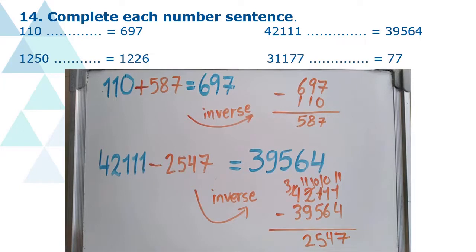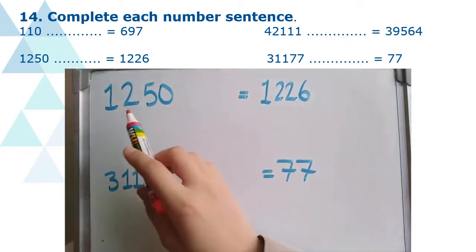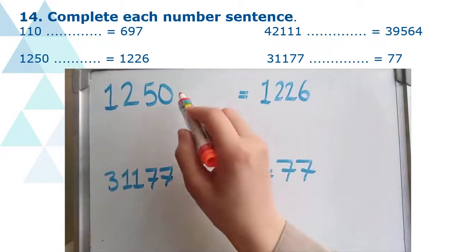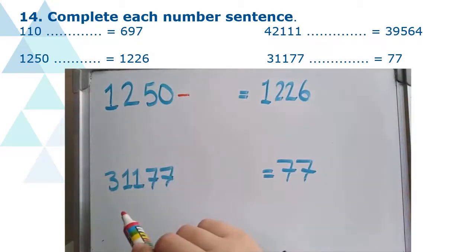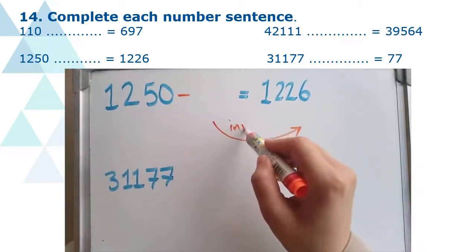Okay, now let's move on to the following set, which is 1,250, unknown operation equals 1,226. As you can see, 1,250 is greater, so I must have subtracted something.